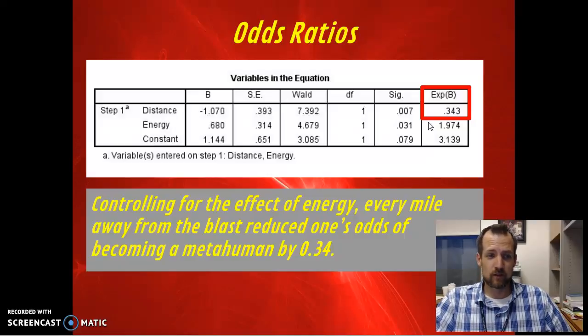And you could even say, if you're 10 miles closer, your odds would increase by 3.4. If you're 100 miles closer, you get the idea. And so that's how the effects go. The further you were away, the lower the odds that you have of becoming a metahuman. So you don't want to be close to the shock wave if that happens.